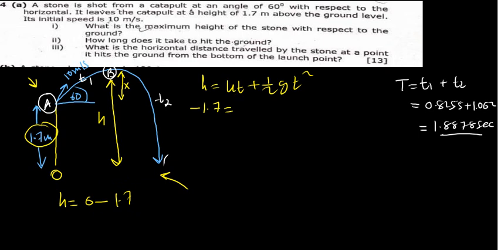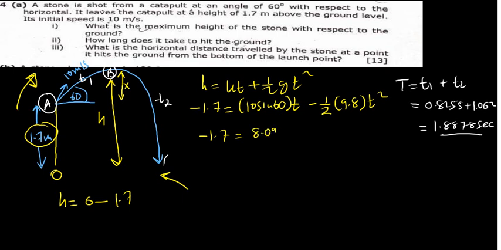Why? Because we're talking about the stone going up and coming down. So that is 10 sin 60, and then you have got gt. Because the stone first went up, g is going to be negative, then t squared. So this is going to give us negative 1.7 being equal to 10 sin 60, which is about 8.09, rounded off, of course.